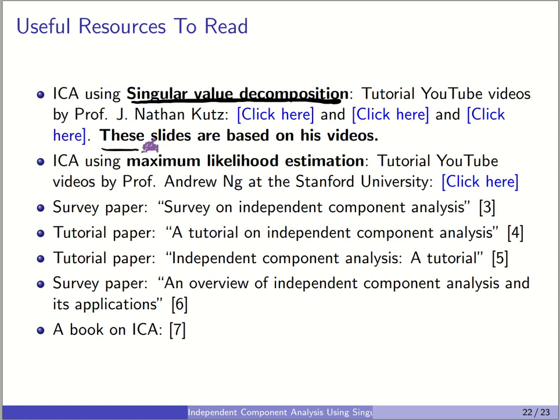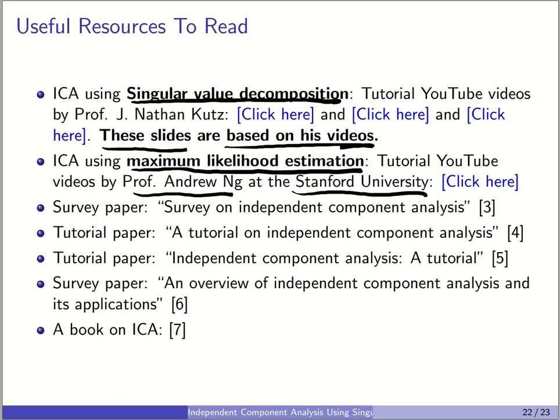The slides that I explained are based on his videos. We can also do ICA using maximum likelihood estimation, and one good tutorial video on ICA using MLE is by Professor Andrew Ng at Stanford University. You can see his YouTube video too.